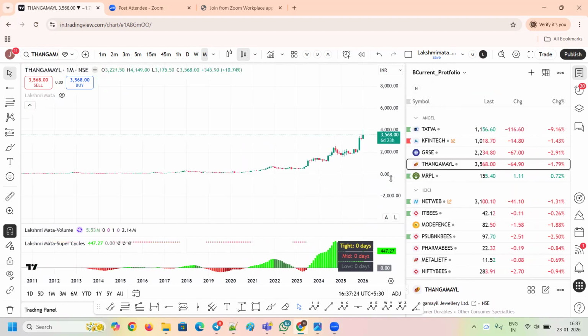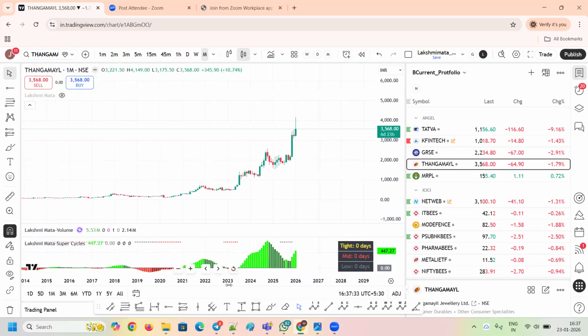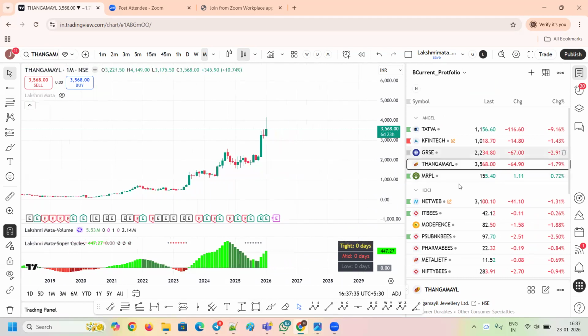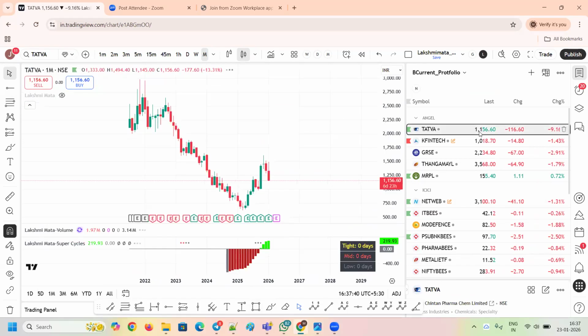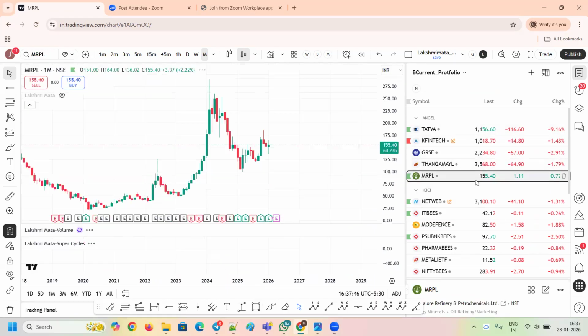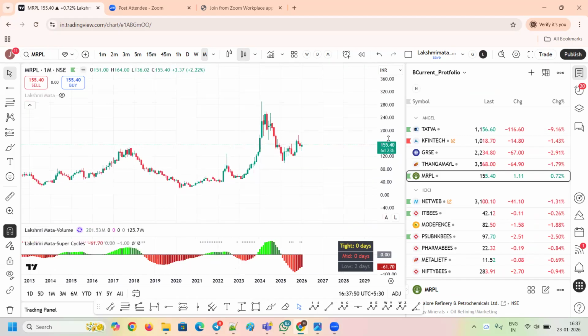Can you see my screen clearly? Yeah, I can see. So let us first go with NetWeb or Tatva, or any stock like that. Then we will go with MRPL.